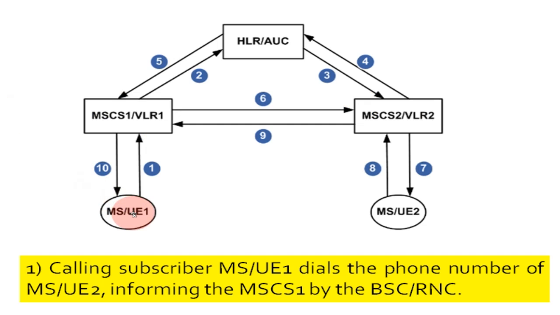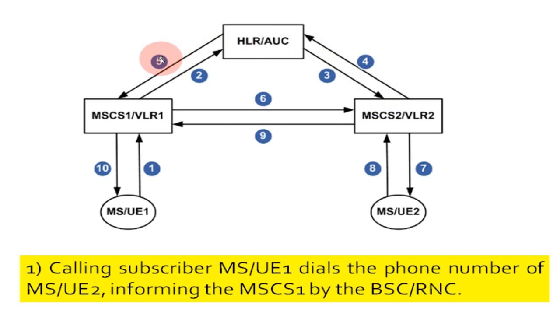We have MS1, we have step 1, we have the MSC, we have step 2, we have the HLR/authentication center, we have step 3. We have MSC2/VLR2, visitor location register. We have step 4. We have the HLR/AUC.